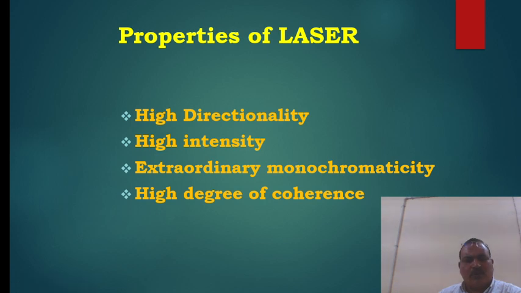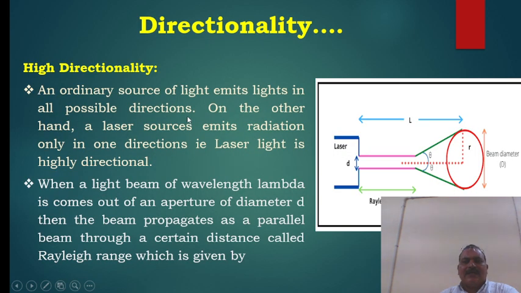This is very, very important to understand, my dear students. First, high directionality. An ordinary source of light emits light in all possible directions, as we have already discussed. On the other hand, a laser source emits radiation only in one direction, and laser light is highly directional.